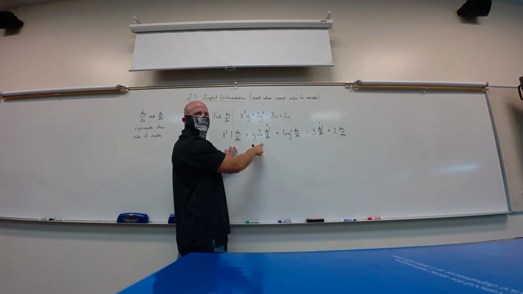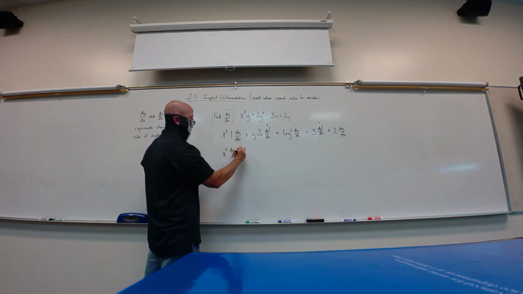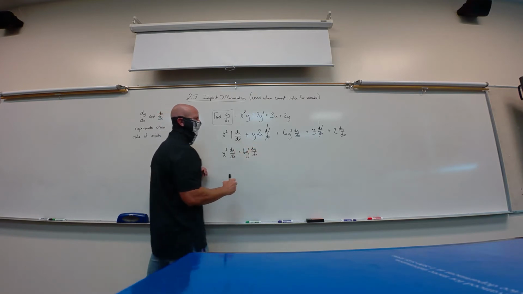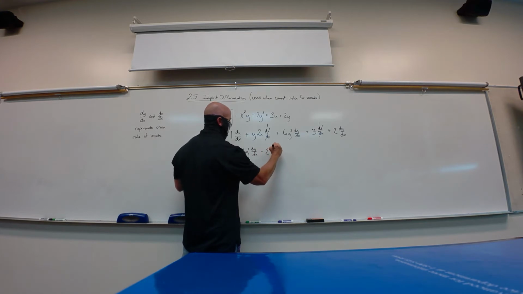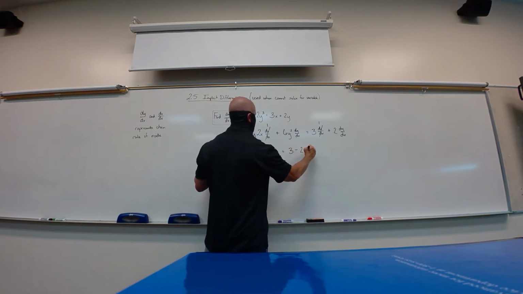Everybody okay with that? All right, so I'm going to leave the 1 out. That's not going to matter. x squared dy/dx plus 6y squared dy/dx minus 2 dy/dx equals 3 minus 2xy.